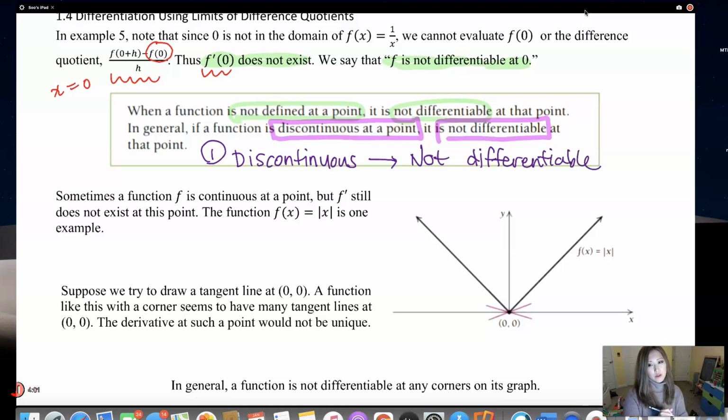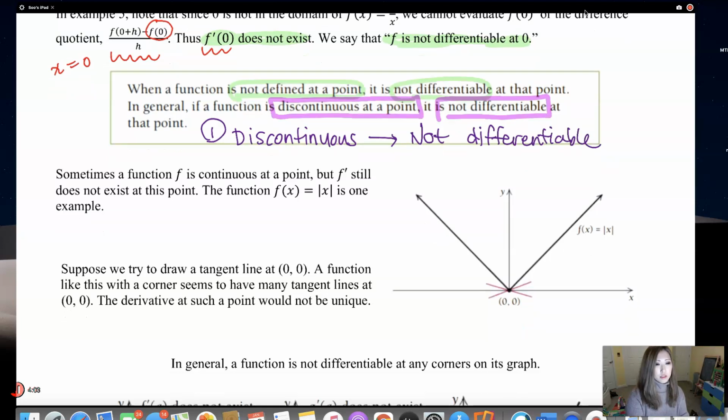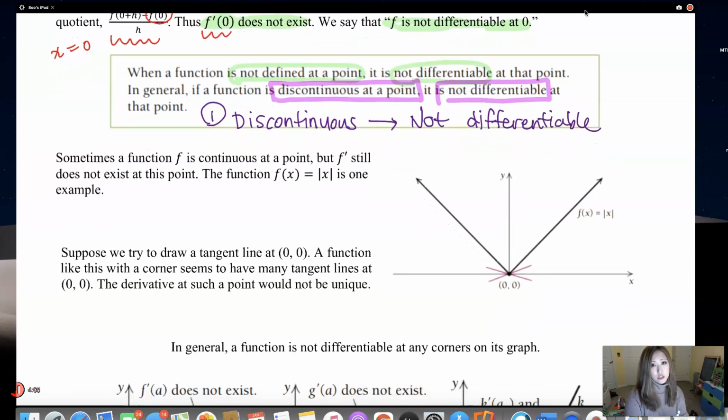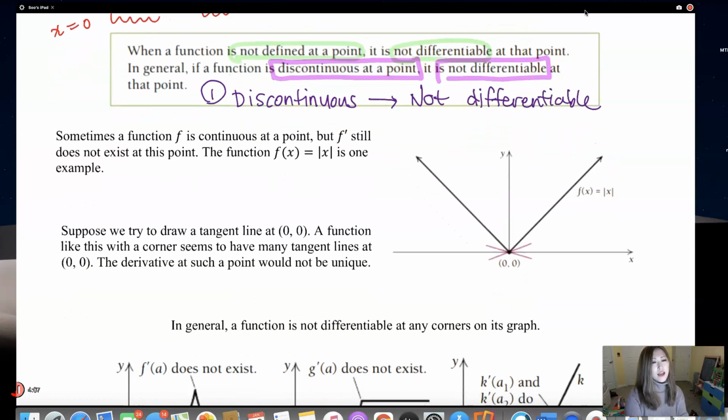Now let's look at another case. Case number 2: sometimes the function f is continuous at a point, but f prime still does not exist. Take a look at this absolute value function. This v-shaped function is continuous everywhere. We can graph it without lifting our pencil.